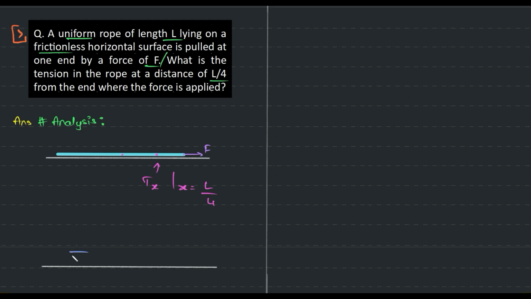What I can do is replace this entire setup with two blocks, and I'll call this 3m, and this m, and that is your force of F. Let the mass of the rope be 4m.